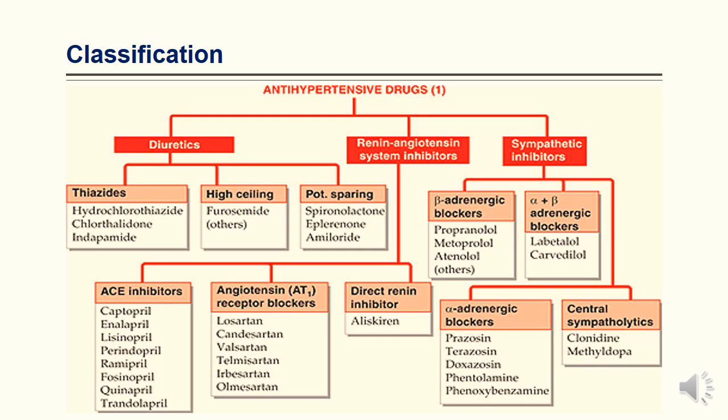Alpha plus beta adrenergic blockers are labetalol and carvedilol, and alpha adrenergic blockers are prazosin, terazosin, doxazosin, phentolamine, and phenoxybenzamine. In central sympatholytics, the drugs are clonidine and methyldopa.